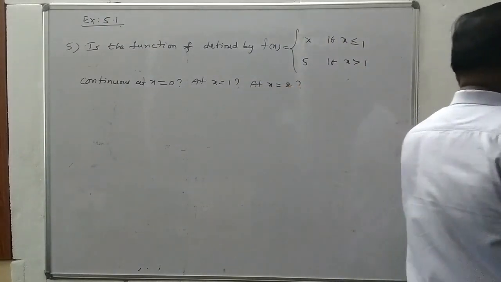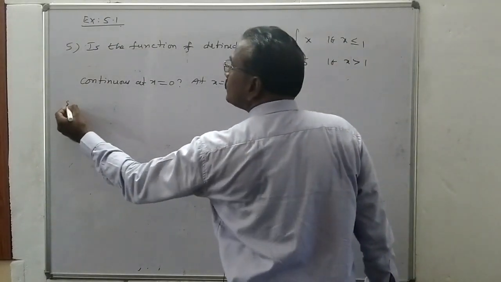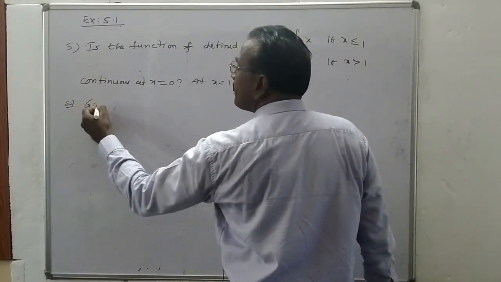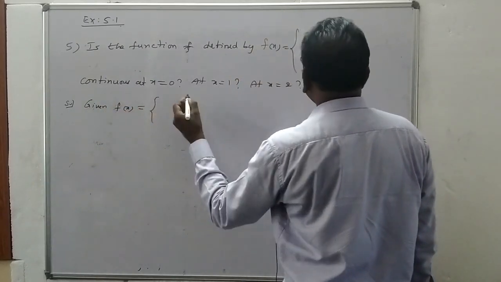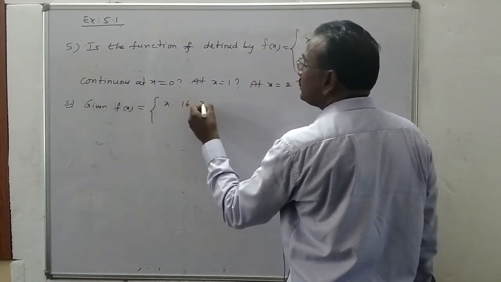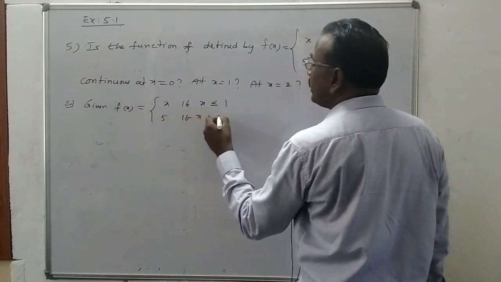Three questions. The given function is x if x is less than or equal to 1, 5 if x is greater than 1.